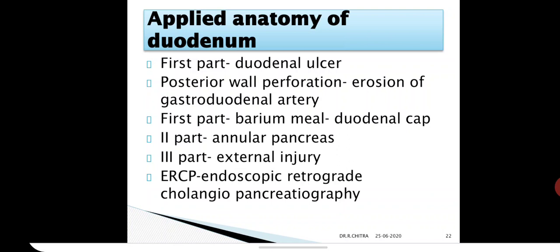So that probe will be just instilled into this major duodenal papilla or into the minor duodenal papilla to see the extrahepatic biliary apparatus or the pancreatic ducts. So that will be called as endoscopic retrograde cholangiopancreatography, mainly done in the second part of the duodenum, which has the major duodenal papilla and the minor duodenal papilla.